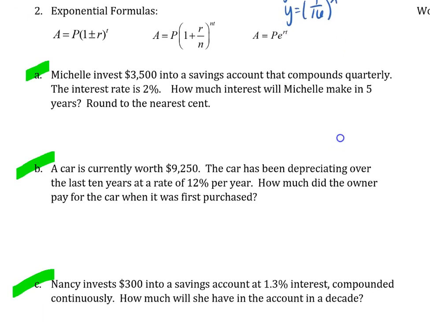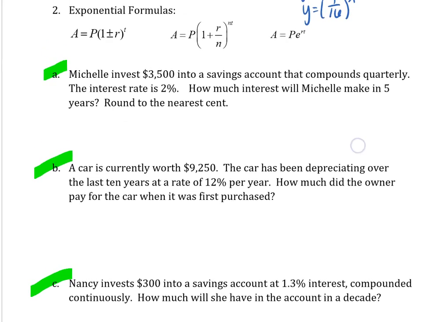All right, some word problems. This first function is just your straight up increase or decrease. So something's been increasing 25% per year, something like that, or decreasing 25% per year.